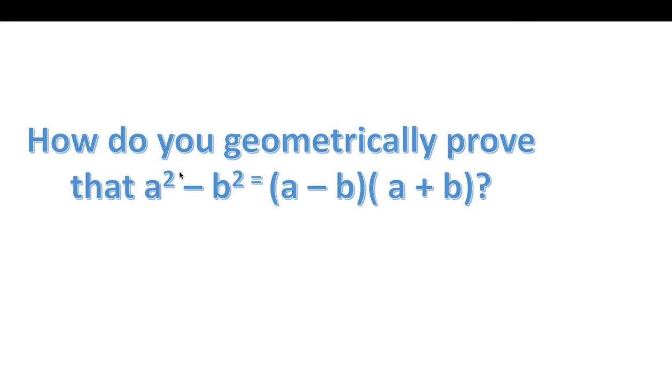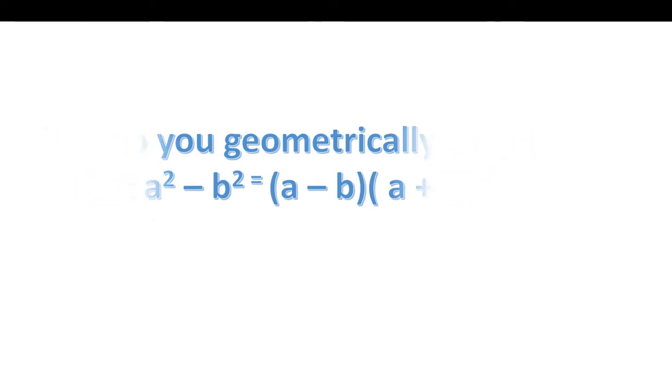Whenever we have a squared term, we should think of a square, since if we had a square with side lengths a, then the area would be a squared, since all side lengths are equal to a. So whenever you see a squared term, you would think of a square with side lengths of a.